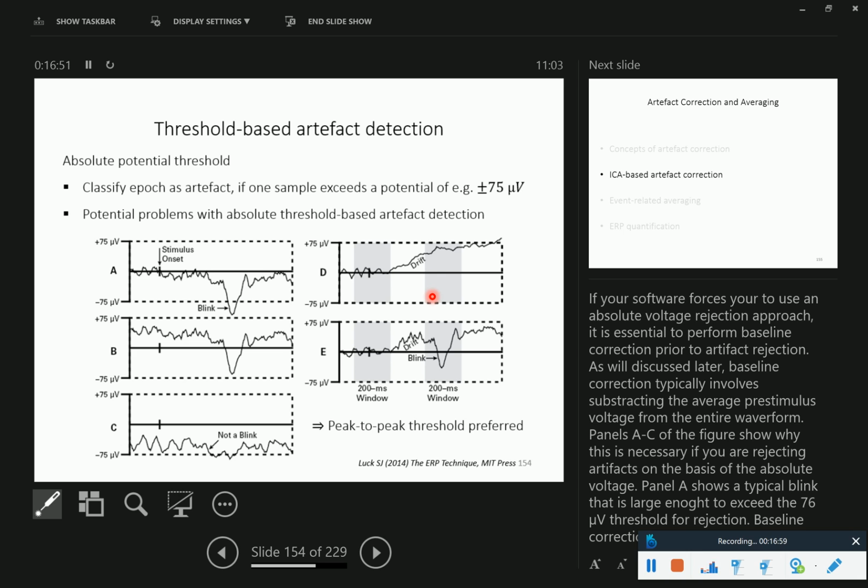But of course, if you're doing visual epoch classification, you're not only looking at single electrodes, right? You look at all 64 channels and you try to monitor overall 64 channels. This is not marked as a bad trial by my algorithm. What do I think?